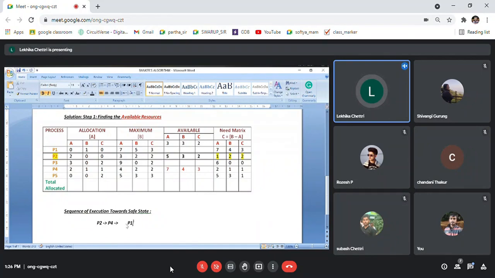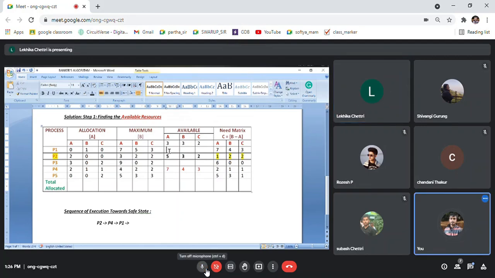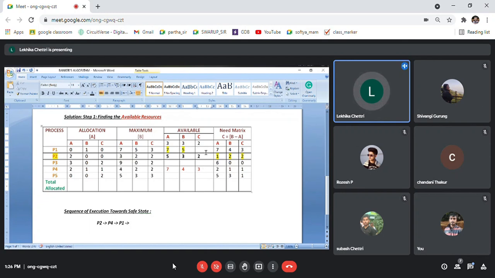So I have now P1. Let's see if we enter into a safe state from here. After P1, what are the available values? Because now I cannot tally my answer with my own answer, since I am now going with P1. So let's see what the available values will be after P1. 7 plus 0, 7. 4 plus 1, 5, correct. 3 plus 0, 3, correct.